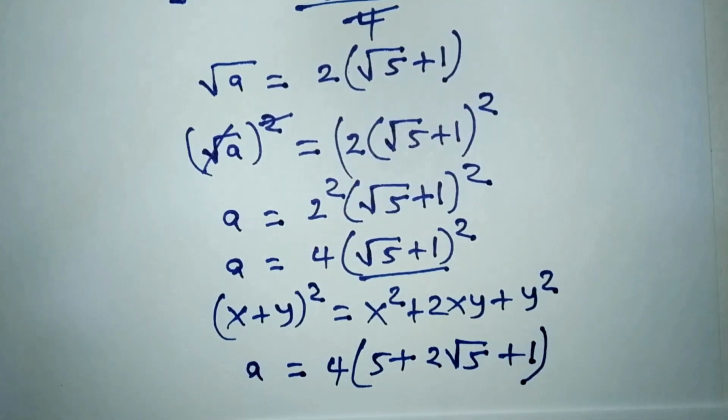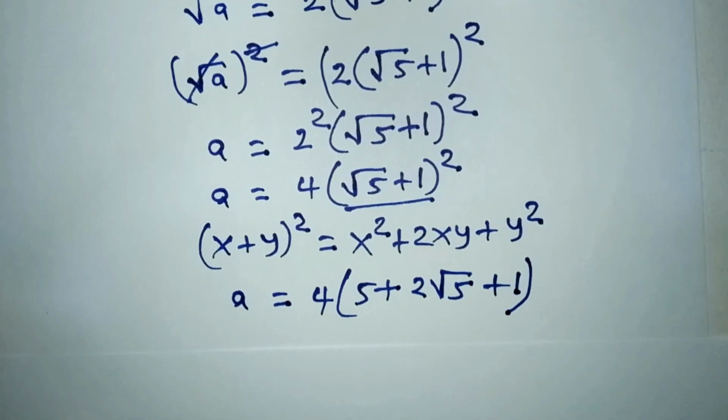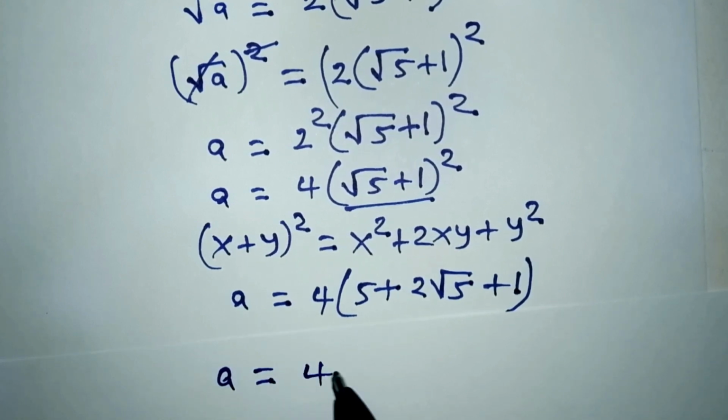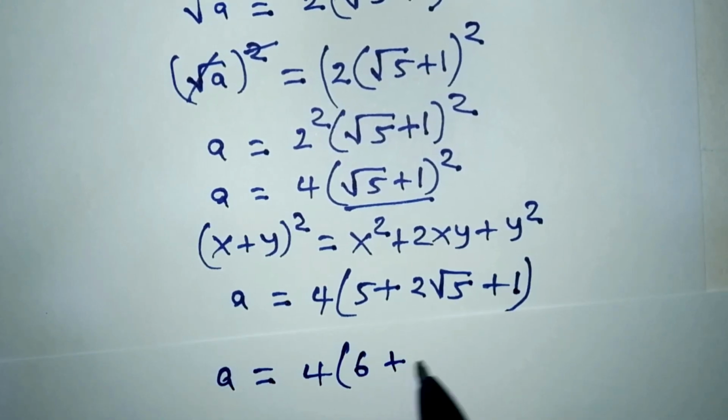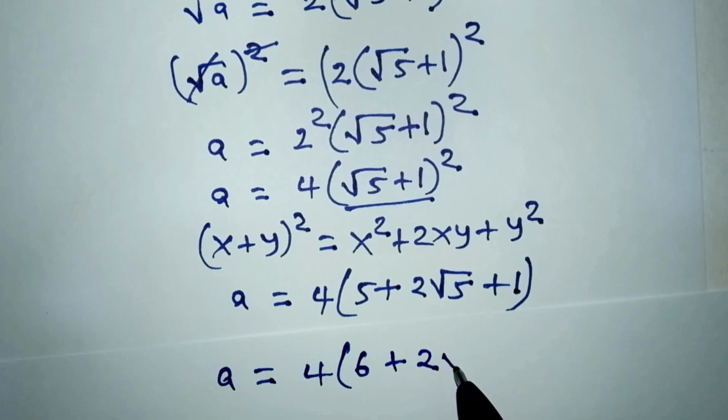And this will give us a equals 4 bracket 6 plus 2 square root of 5.